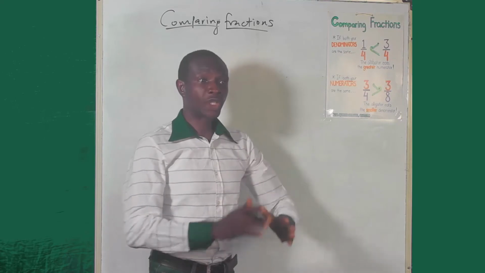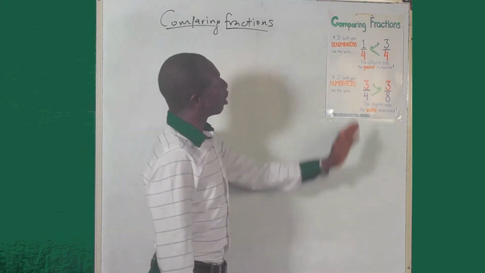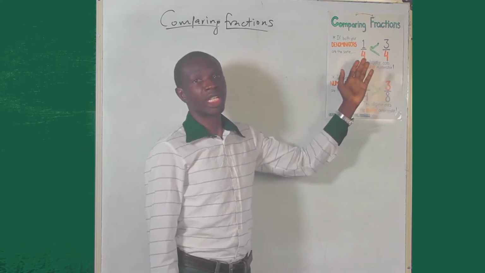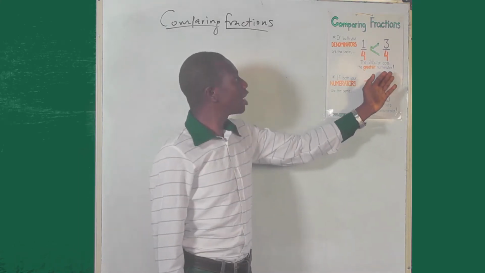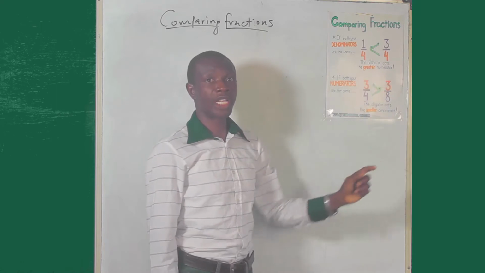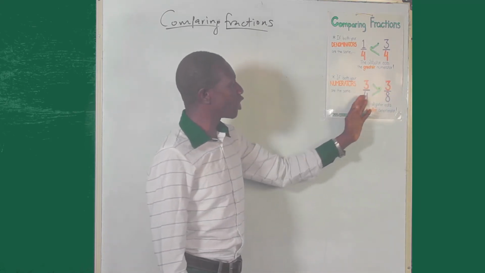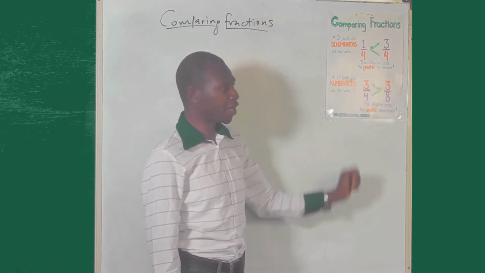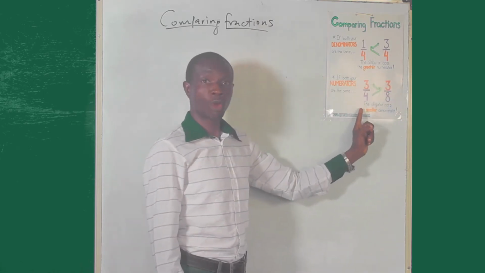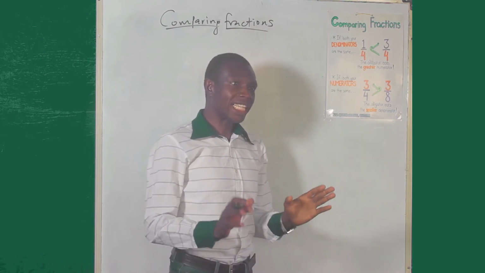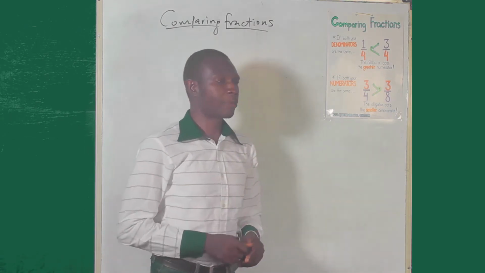This is a rule that you must always remember. When we have two fractions having the same denominator, the one with the bigger numerator is the bigger fraction. When we have two fractions having the same numerator, the one with the smaller denominator is the bigger fraction. That is a rule you must always remember.